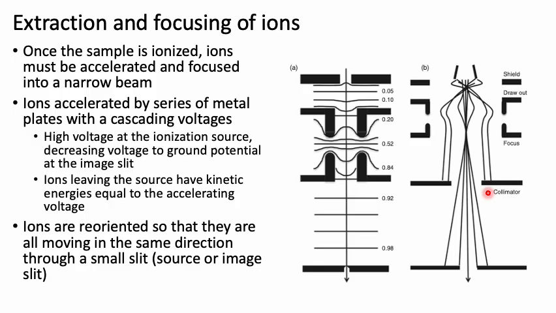They're not all focused in a straight line. Some veer off entirely, and we have slits that prevent those from traveling through. The ones that aren't deflected wildly and are able to travel through the slits are all moving in the same direction, and this is what we call our ion beam.